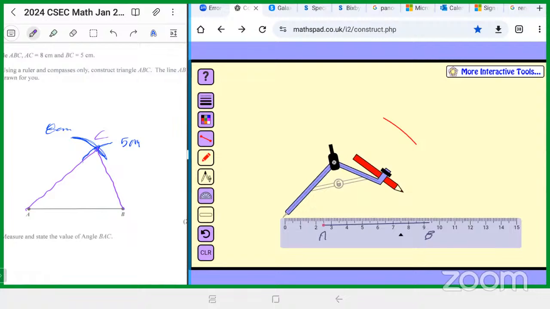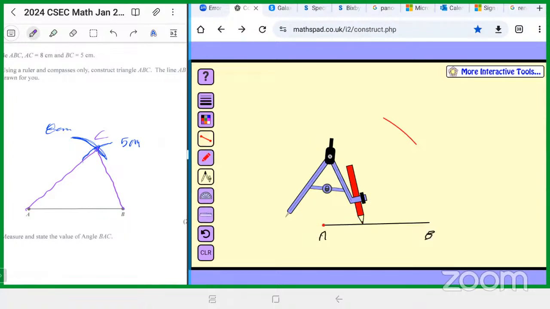So set this properly at the 0, and then adjust this to 5 centimeters. You'll be more free to do it with your hands, right? I'm trying to use the device, so this thing is snapping. All right, so let's say that this is 5 centimeters. I'm going to lock it, move the ruler. Let's just change the color to differentiate the arc.